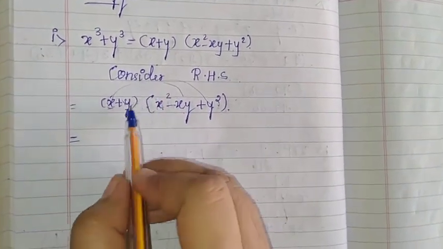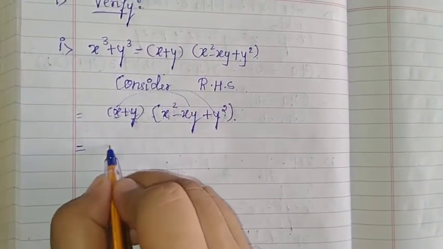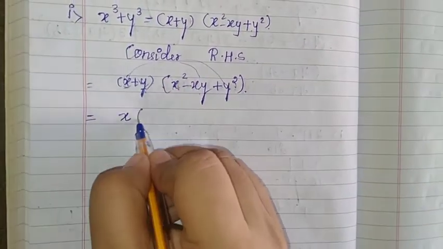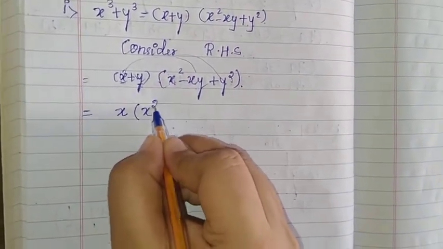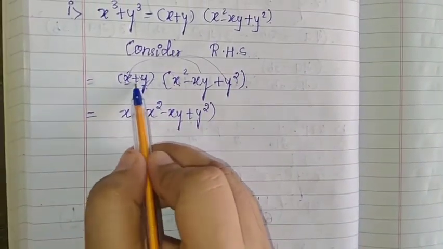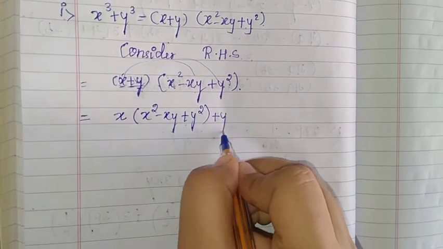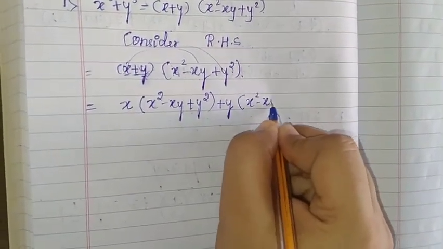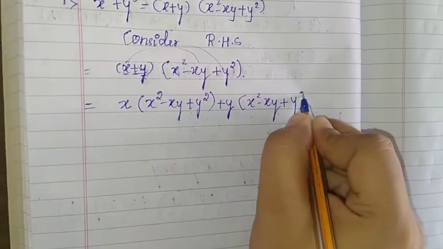So first we will check x into x square. Okay, so x into this whole bracket, plus y square. So here the second term is plus y, right? So plus y into this whole bracket, x square minus xy plus y square.